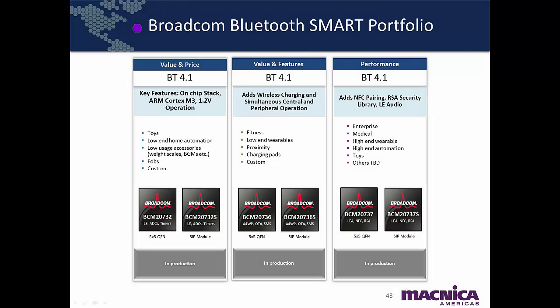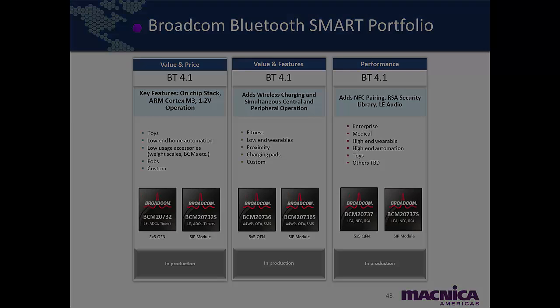So, here is Broadcom's portfolio of Bluetooth 4.1 capable Bluetooth Smart SoCs and modules. They all have the features I just covered. Each family member builds on the predecessor. We start with the 732, then up to the 736, and the 737.